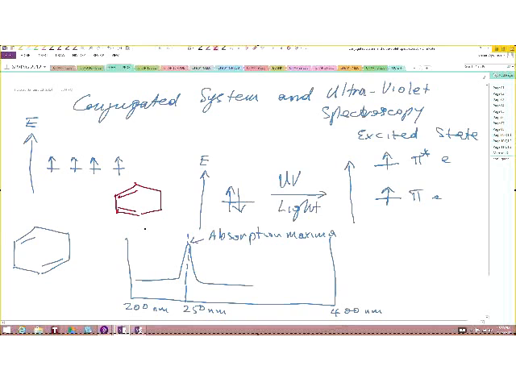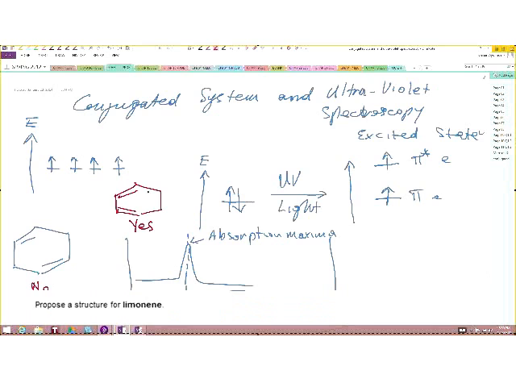Do we expect that molecule to absorb UV light? Yes. Okay, this will absorb, and this will not, because this is not conjugated. Okay, so let us go back to that problem.